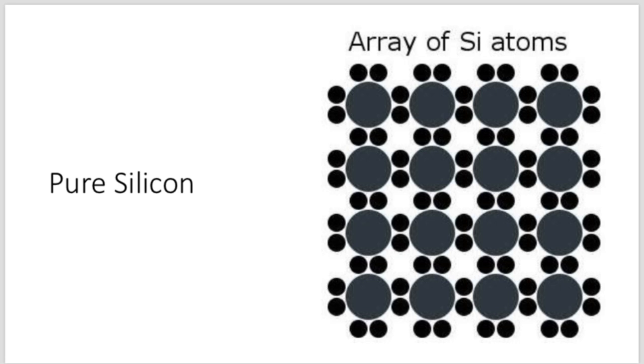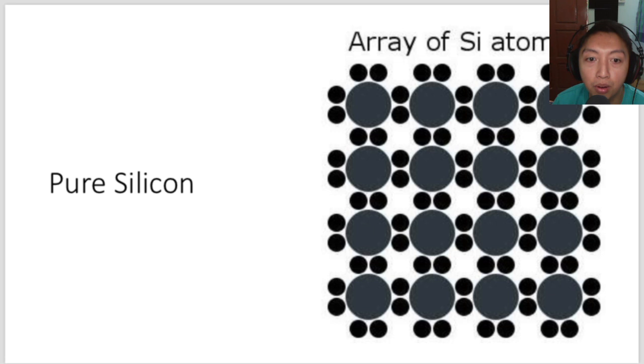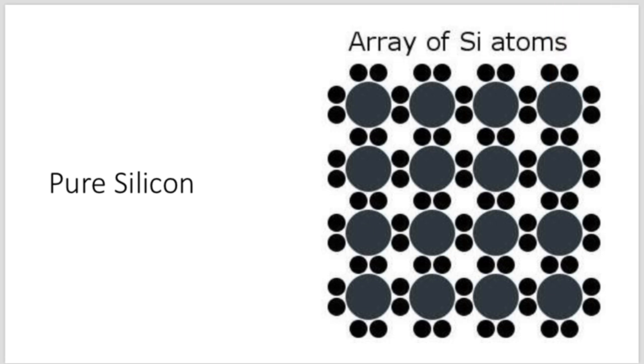All right. So in pure silicon, as you can see in this picture, you can see it's a very stable structure, right? Each of the silicon atoms are sharing electrons, and therefore every single silicon atom is in contact with 8 electrons. This is just an example here.